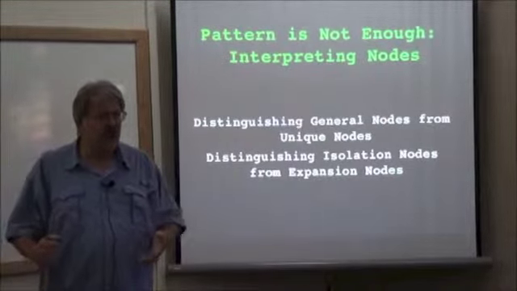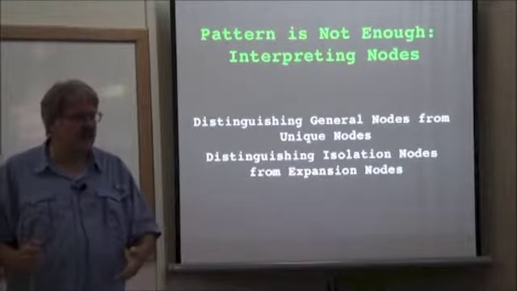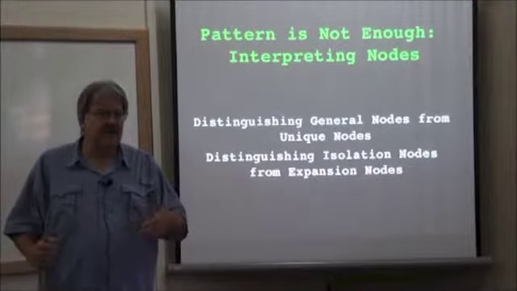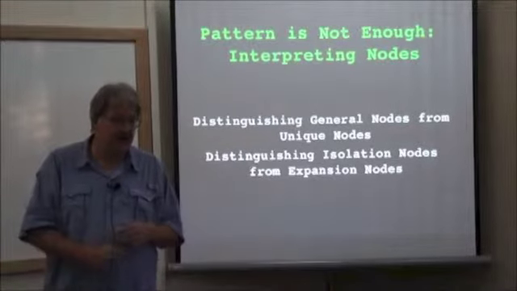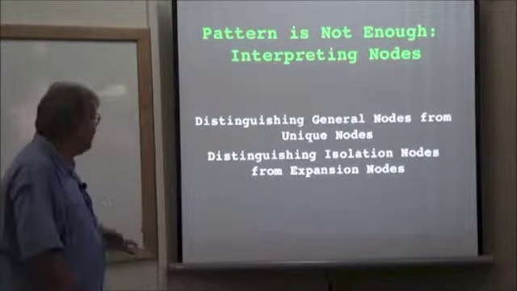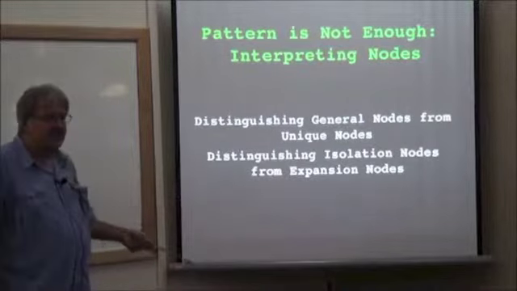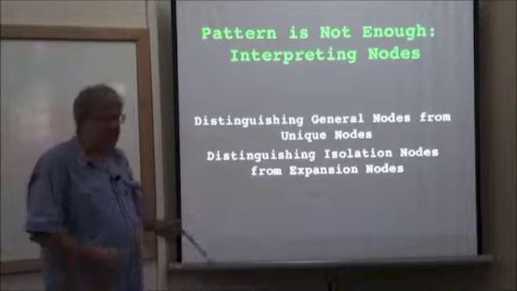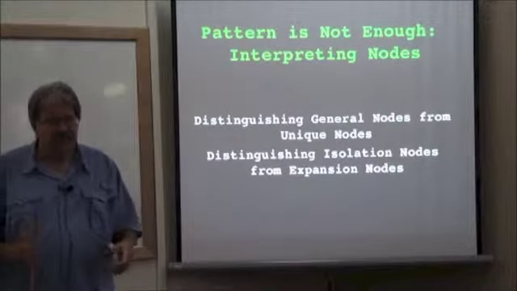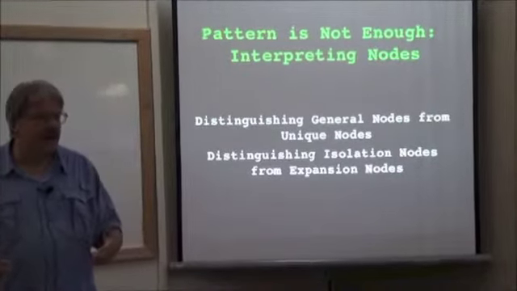The general nodes are not necessarily just vicariance nodes. They're not even necessarily just speciation nodes, isolation nodes. There actually can be expansion nodes, that is horizontally transmitted nodes, as well as vertically transmitted nodes. So that's speciation and dispersal in biogeography.